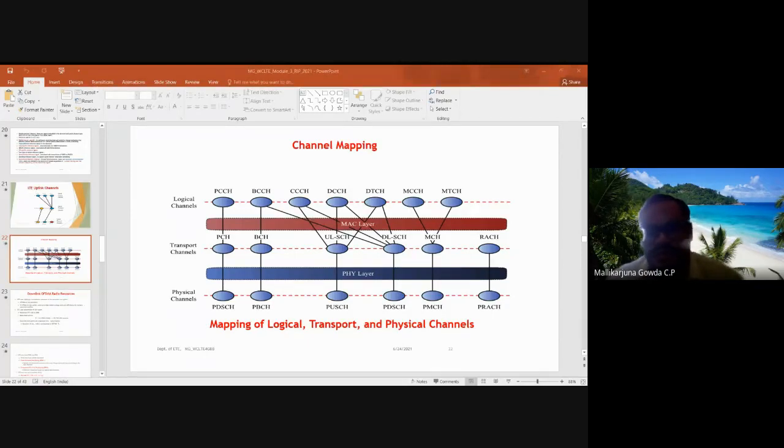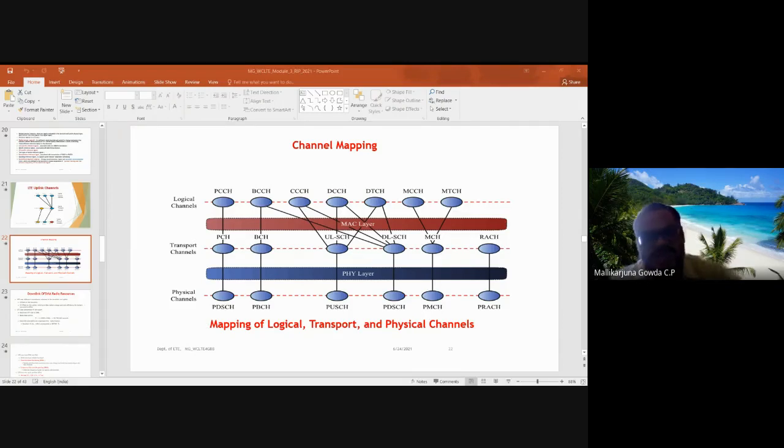Okay. Any questions? If you have any questions, you can ask. I said from my side about all these three different channels: the logical control channel and logical traffic channels, then the transport channel, as well as the physical channels.